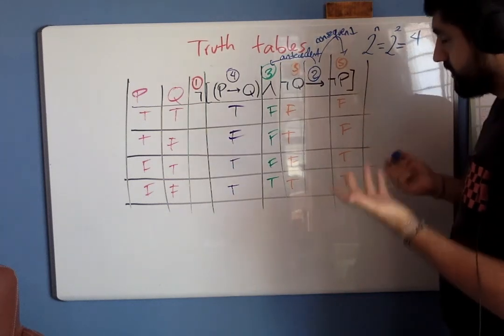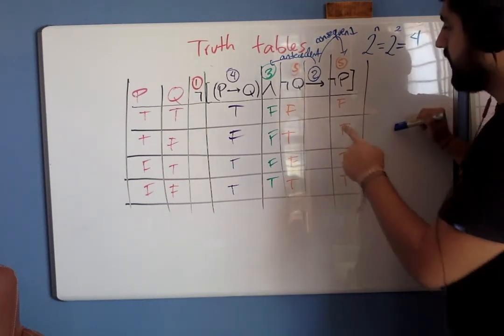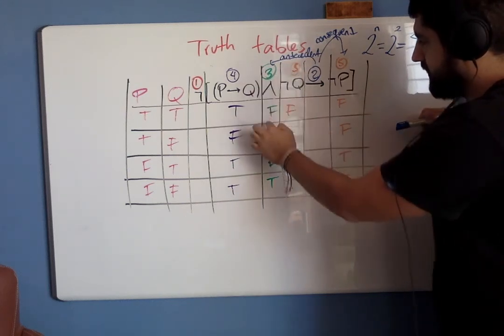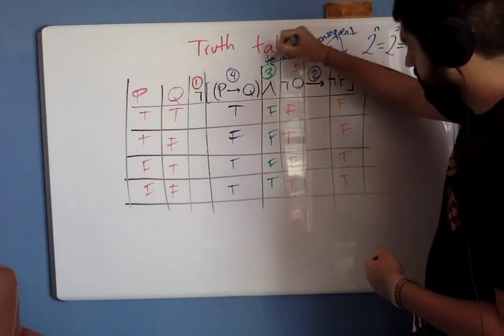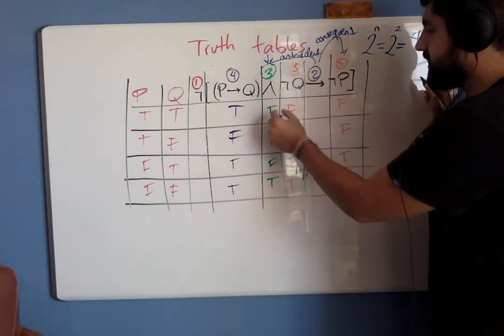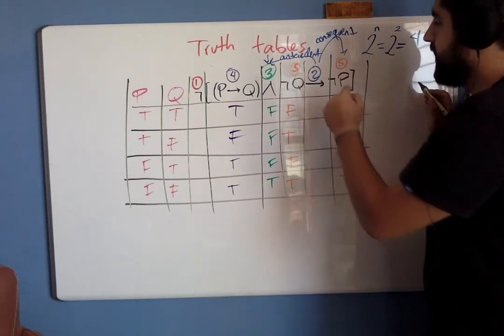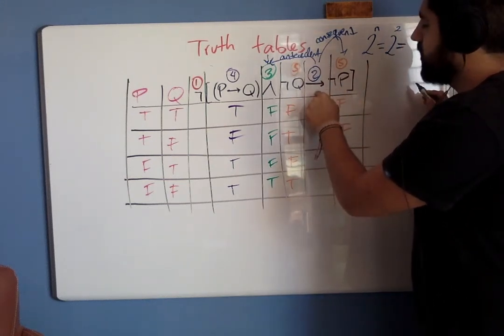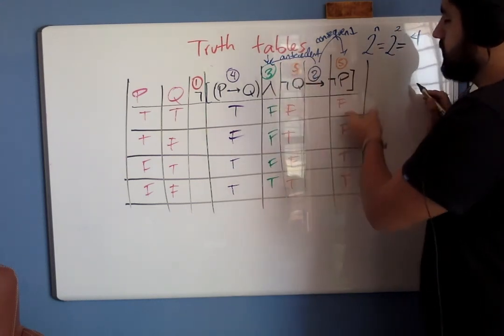Okay? So we are going to do the same process. In here we have this one as the antecedent, and this one as the consequent. So we take this column as the antecedent and this column as the consequent. And remember again, the rule of the conditional is it is always true except when the antecedent is true and the consequent is false.